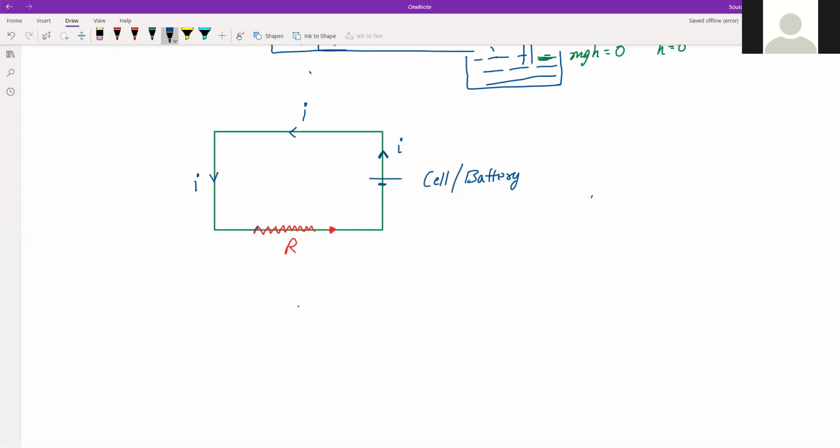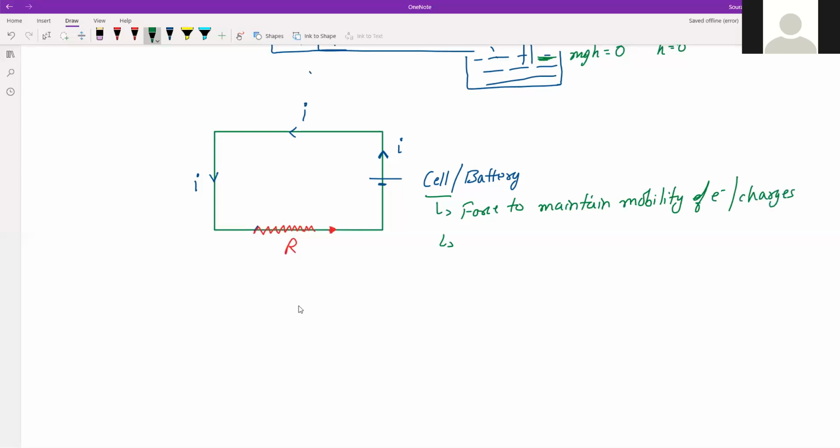Right? What is this cell doing? It is actually applying a force, or exerting a force, to maintain the mobility of electrons, or charges.